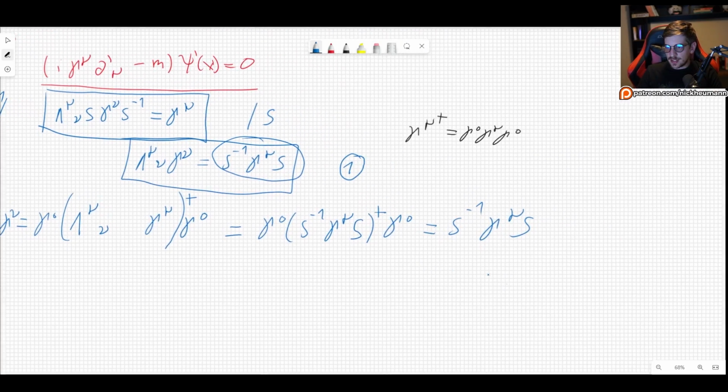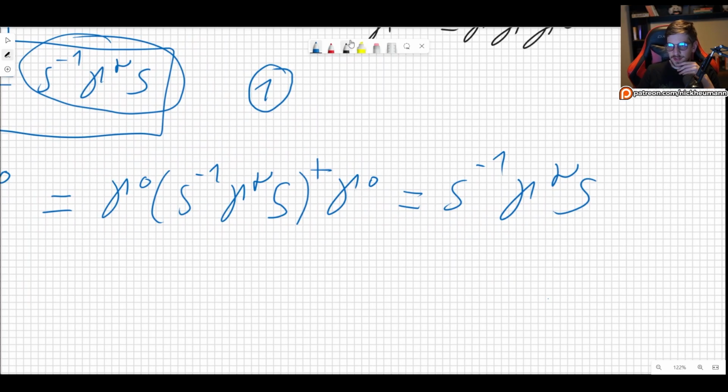Okay, so now let's just take this expression and expand this. Let's apply the Hermitian conjugate here, and we have a gamma 0, and now we have to reverse the order.